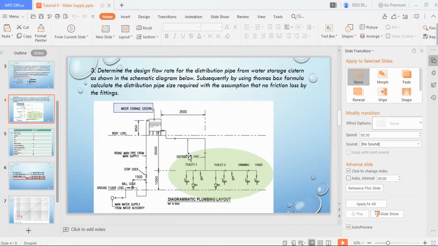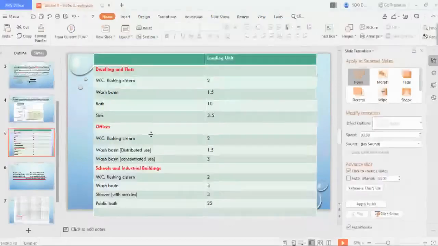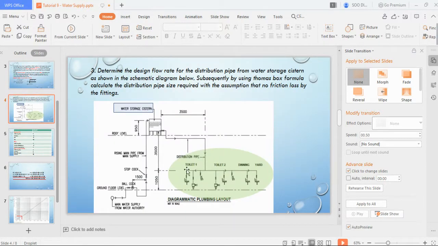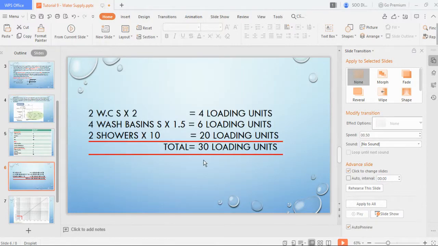Based on the circuit area, you can see that you have 2 WC, 2 shower head, and finally 4 basin. Based on what is given here, you'll be able to work out the loading unit for this question. So you have 2 WC, 4 wash basin, and 2 showers.